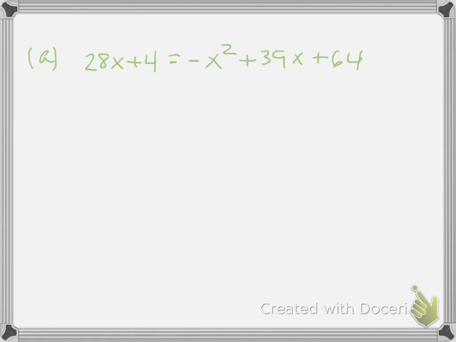And again, your choice, you can graph it, or you can use substitution here, which is what I think I'm going to do. Now, in this case, I don't want this negative x squared, so I'm moving everything over to the left. So we're going to have x squared minus 11x minus 60.